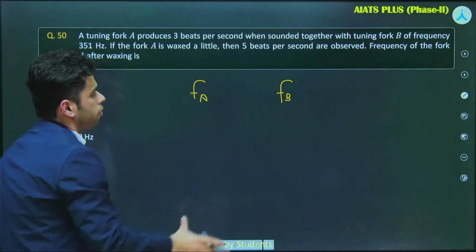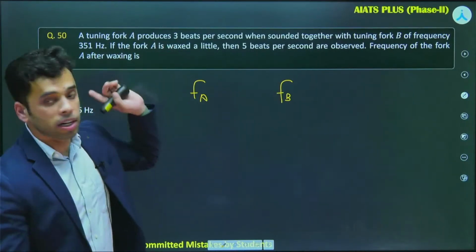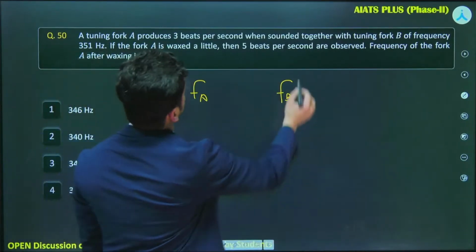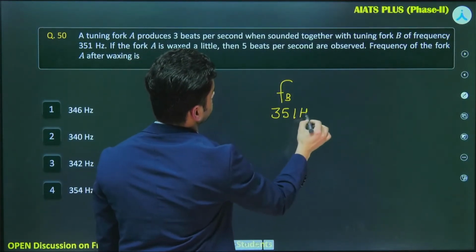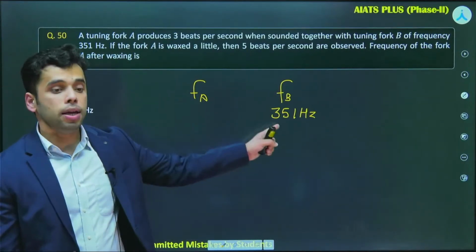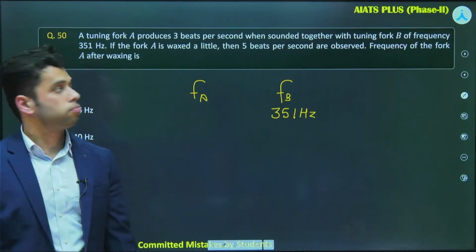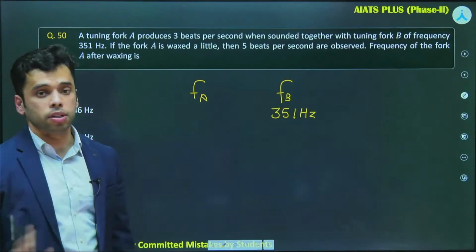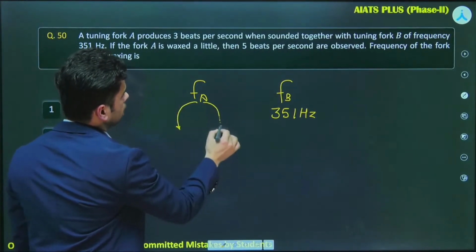And the beat frequency when these two are sounded together is 3 beats per second, and the tuning fork B has a frequency of 351 Hertz.